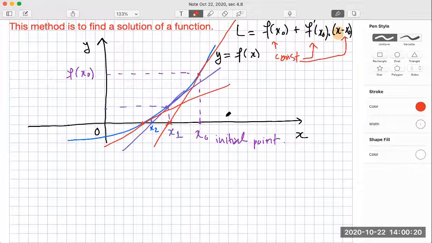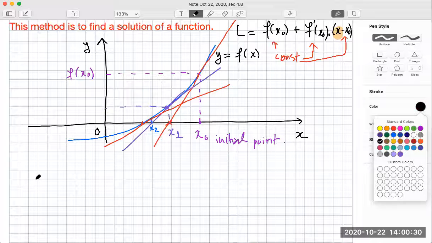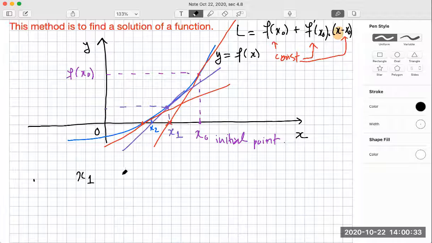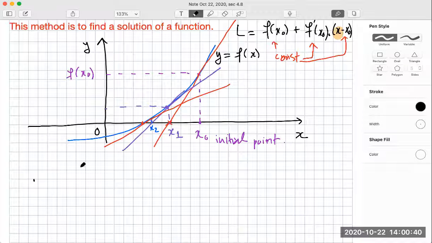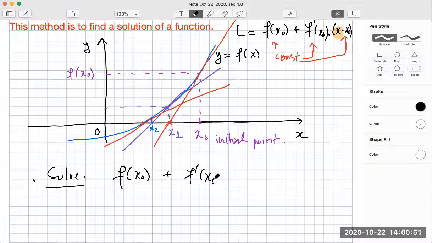And in general, from the linear approximation, to find x1, we solve from this equation f(x0) plus f prime(x0) times (x minus x0) is equal to 0.